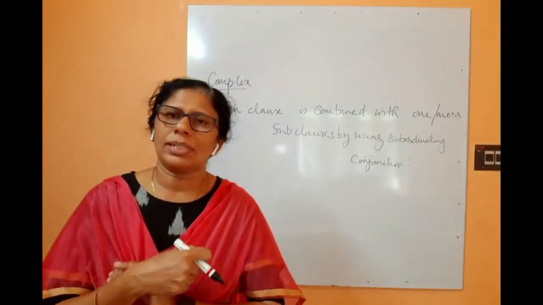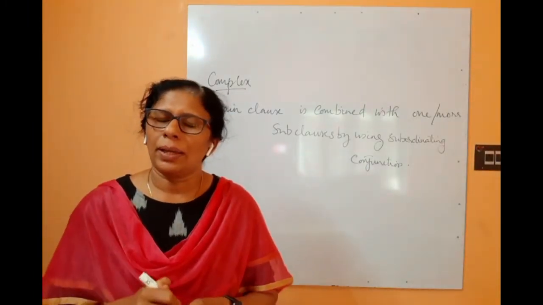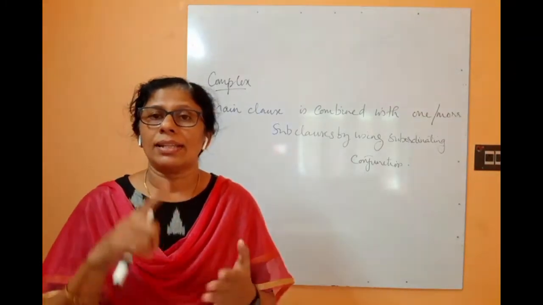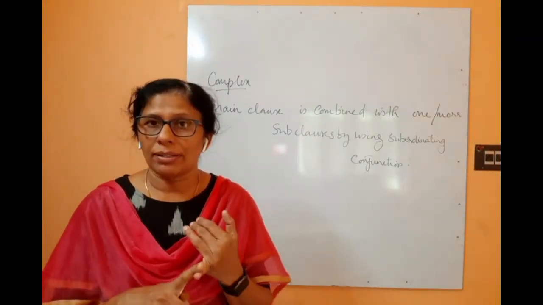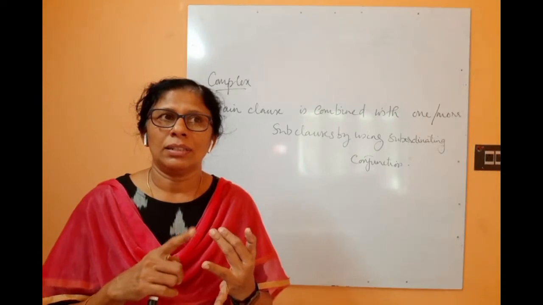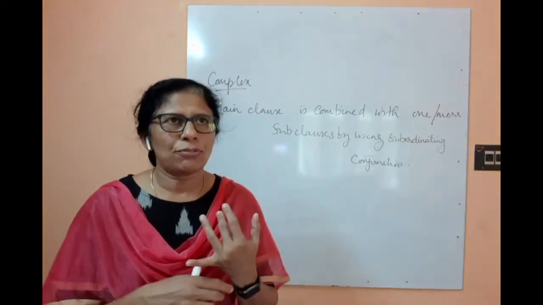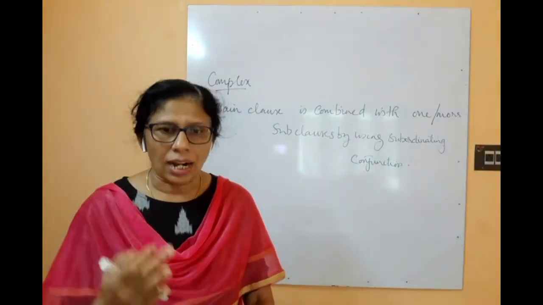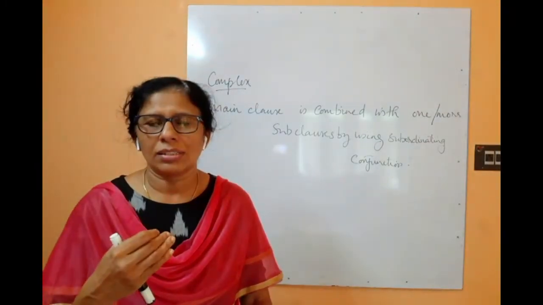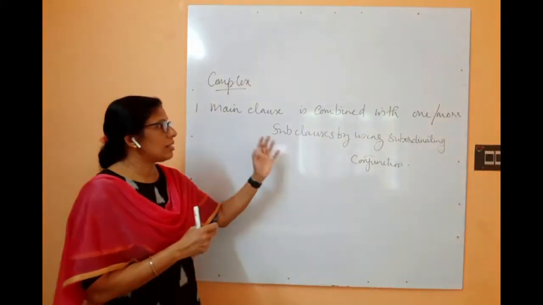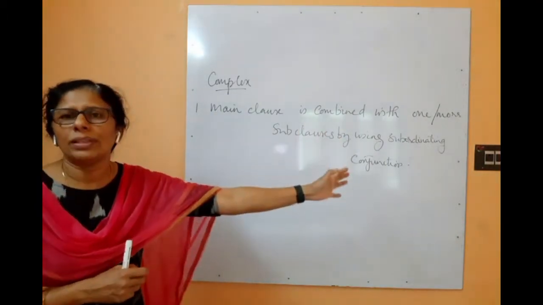And which are the subordinating conjunctions that we have studied? A lot of subordinating conjunctions: because, since, as if, where, whereas, and then after, before, till, until, if, unless. A number of conjunctions are there. These conjunctions are used to combine the main clause with the subclause.